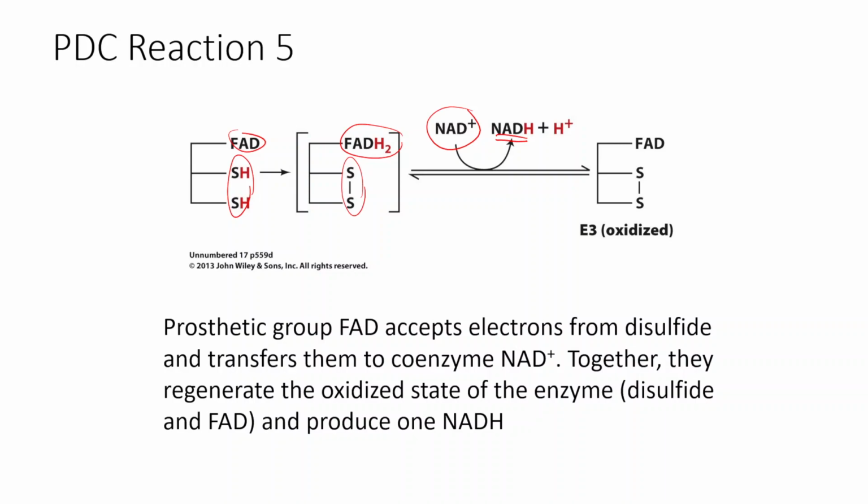Now that NADH is able later on to be used in oxidative phosphorylation to help generate ATP. And now the FAD is reset to its original state, and so the E3 subunit is finally reset to its original state, meaning that finally the PDC is done catalyzing that very complicated 5-step reaction.